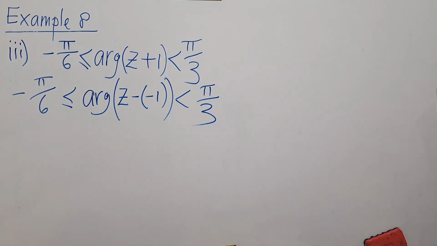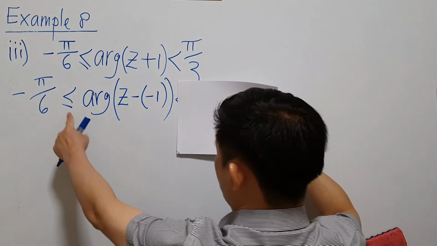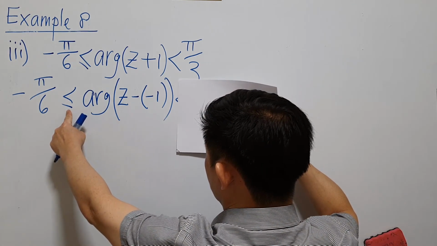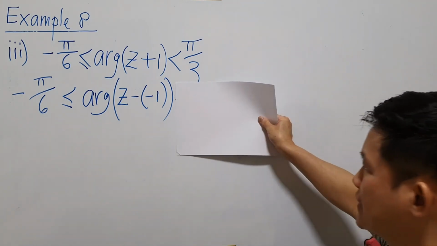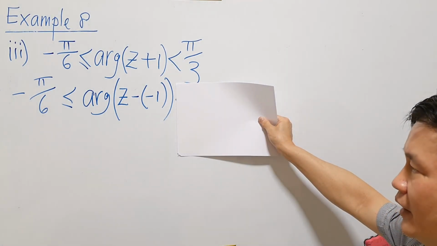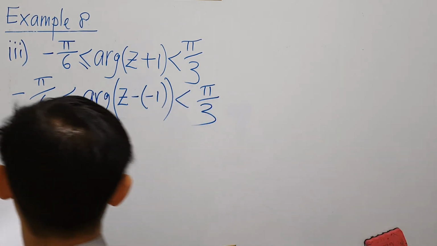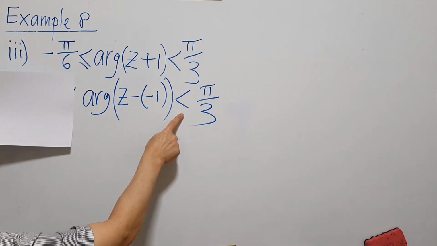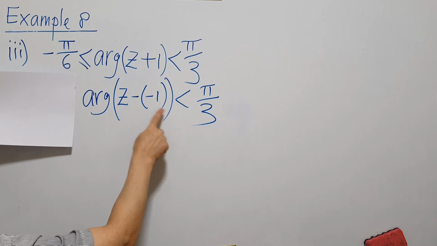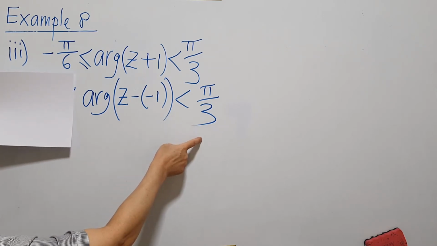Now to speed up the process, if you cover this and imagine this as an equality, then you see that this is actually a half line starting from minus 1, and the angle it makes is minus pi over 6. And then if you cover this portion and imagine this to be an equal sign, it becomes a half line starting from minus 1, and the angle involved is pi over 3.